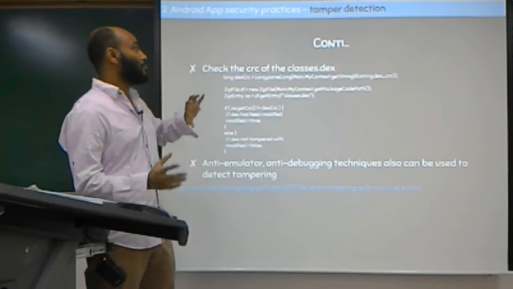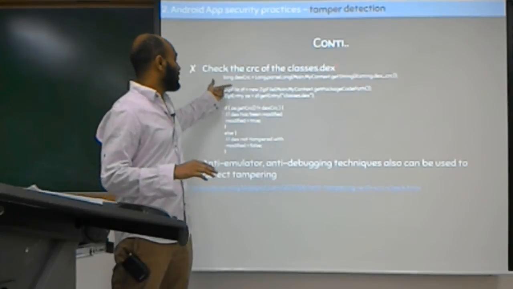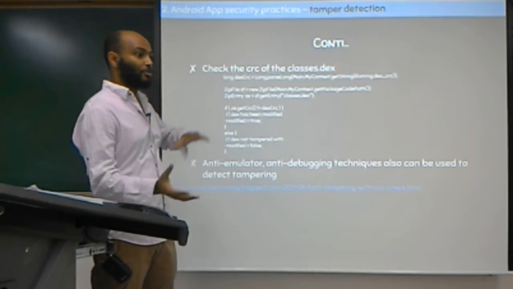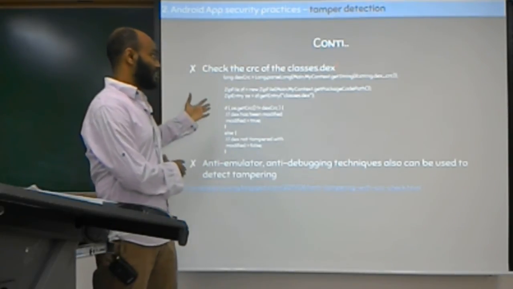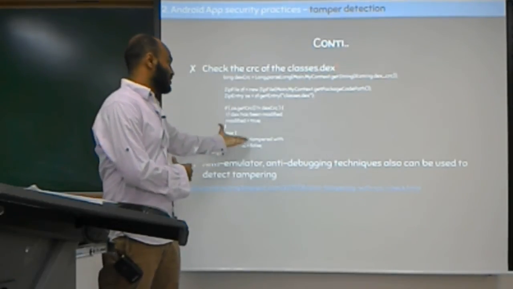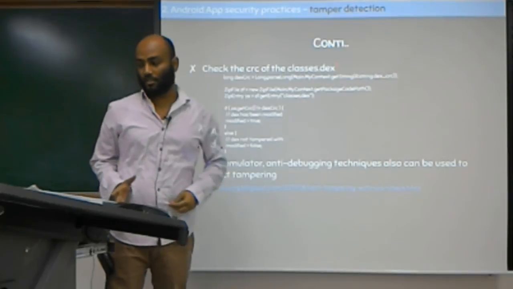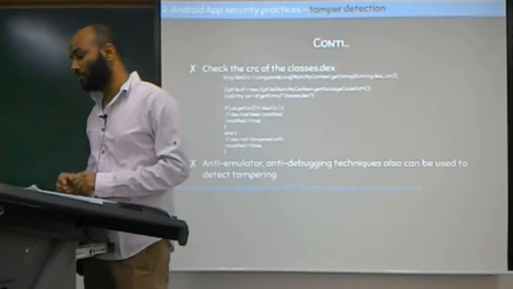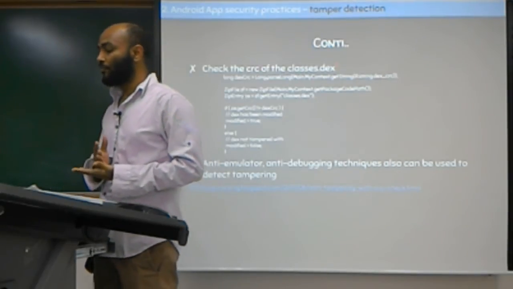So at runtime, we can check the running process against our original classes.dex file. If the CRC is not the same, you know that there is something wrong with the code, or the code is modified.